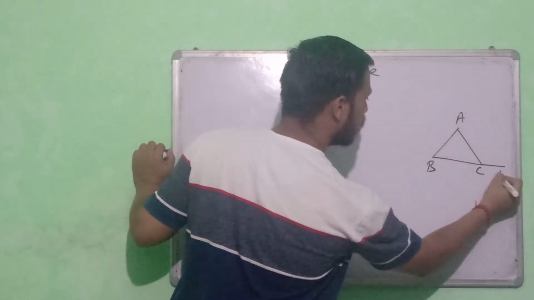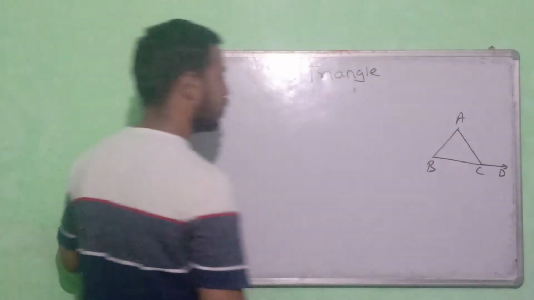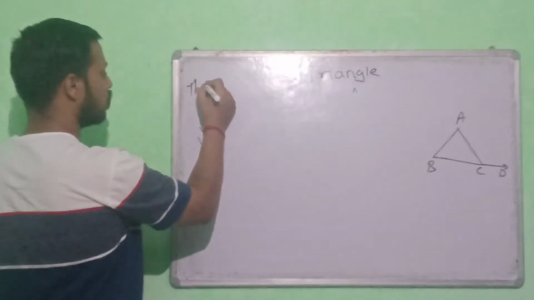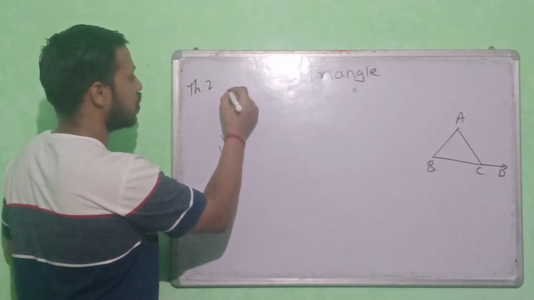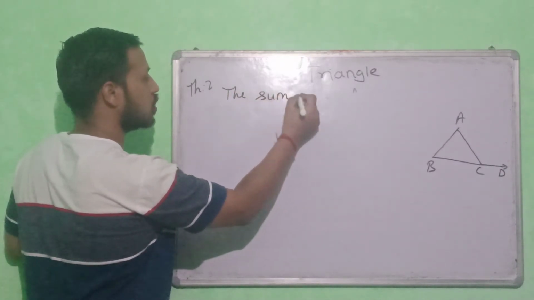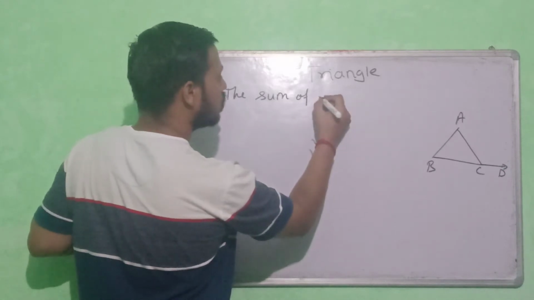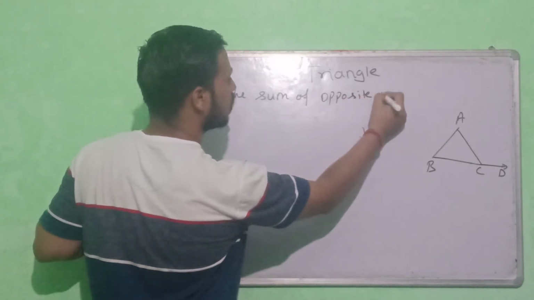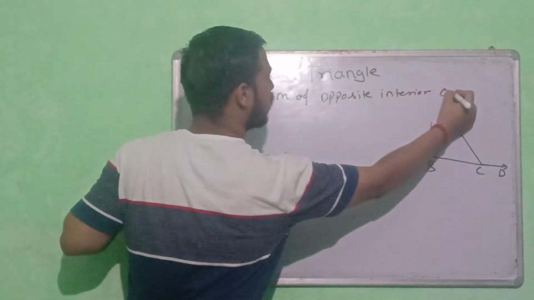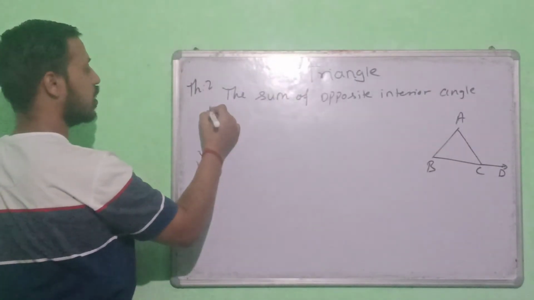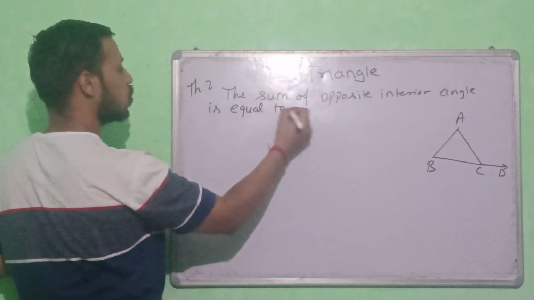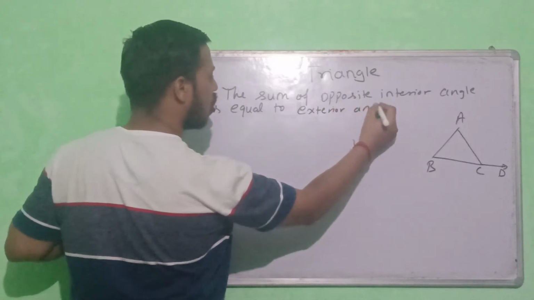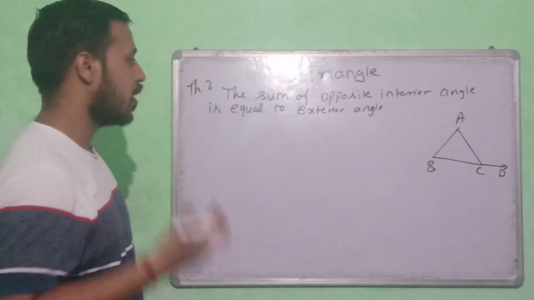Take triangle ABC, and produce BC to D. The second theorem is: the sum of the opposite interior angles is equal to the exterior angle, or you can say the exterior angle equals the sum of the opposite interior angles.